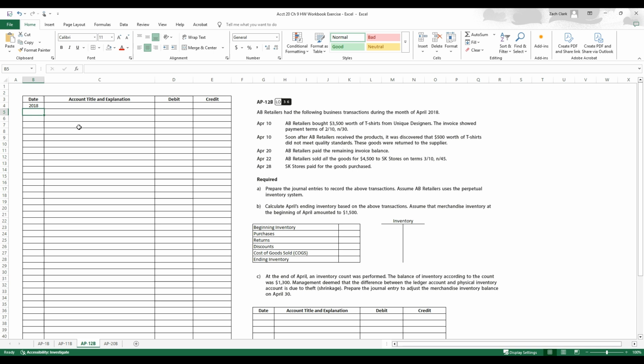So on April 10th, we bought, so we're going to have merchandise inventory, an asset, increasing. We bought $3,500 worth of shirts, and the invoice showed payment terms of 2/10 net 30, so accounts payable. Again, we're going to indent because it's a credit.